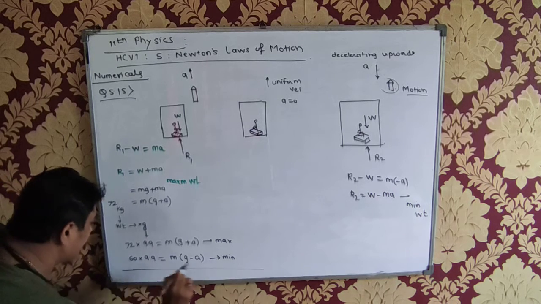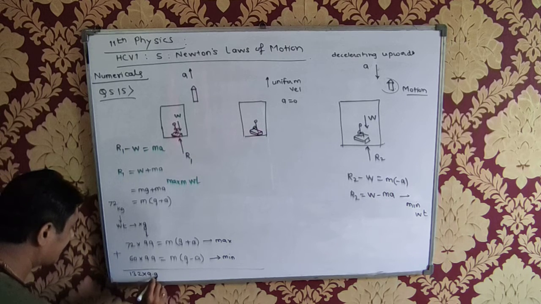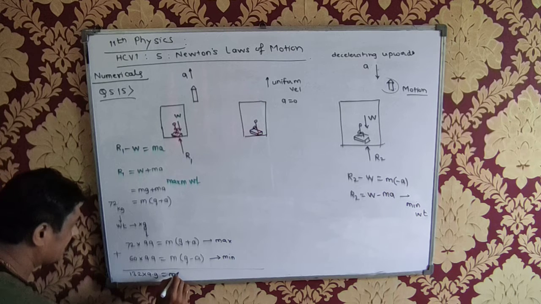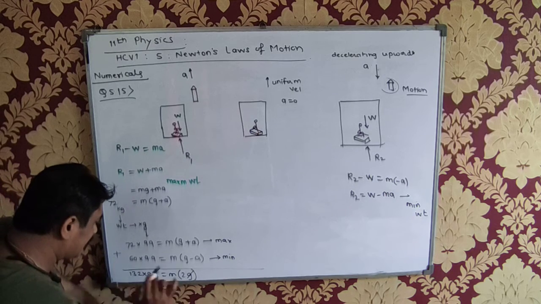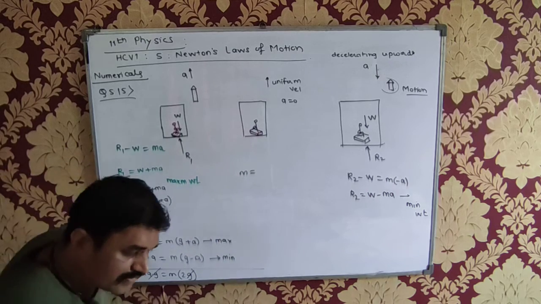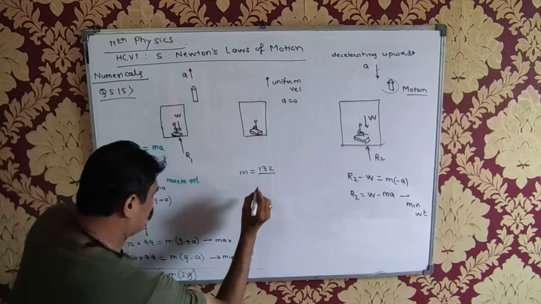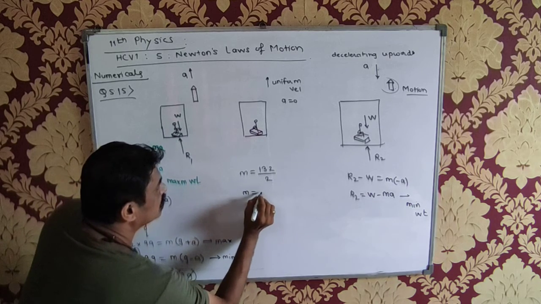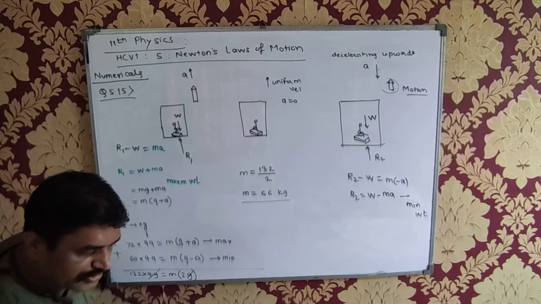If I add these two, 72 plus 60 is 132 into 9.9 is equal to m into g plus g, that is 2g. Now g is equal to 9.9, cancel. Therefore, what is the mass of this person? The mass of this person is 132 divided by 2, that is m is equal to 66 kg. So this is the actual mass of the person.